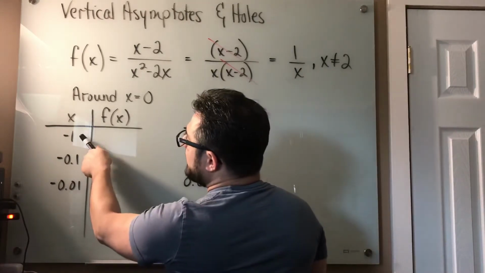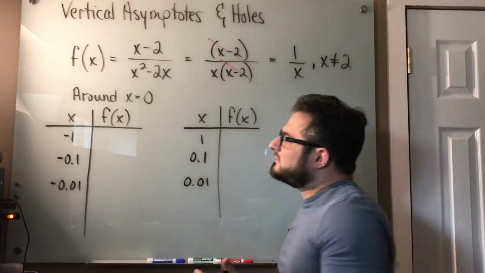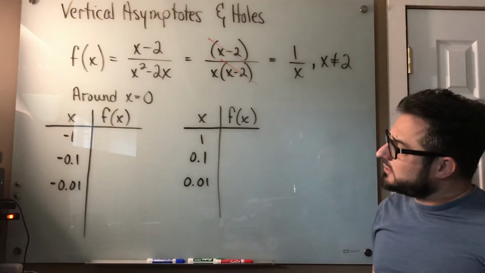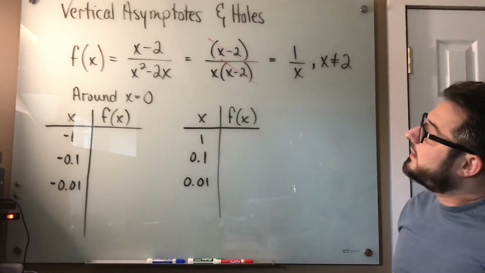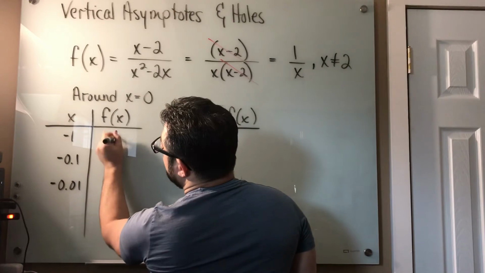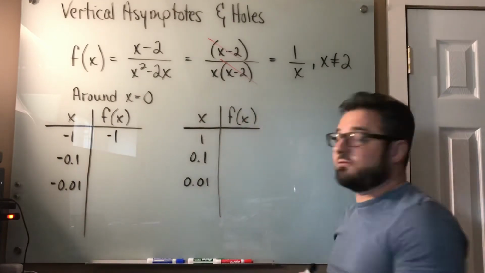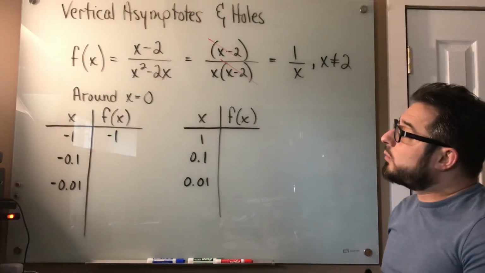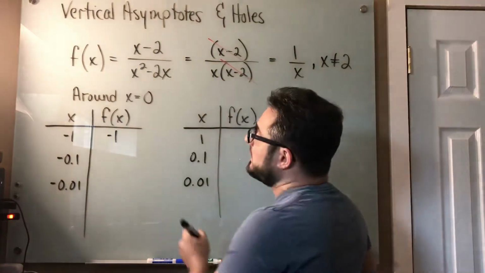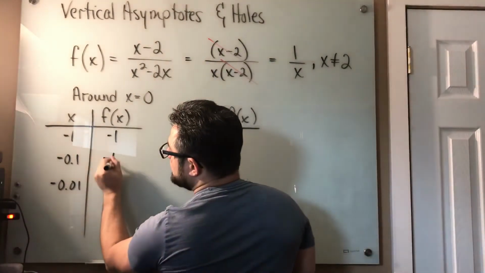So, when x is -1, well, at this point we should all be able to evaluate a function, so I'm going to take the liberty and fill these in here. When x is -1, the function is also -1. When x is -0.1, again, using a calculator, we should get -10.